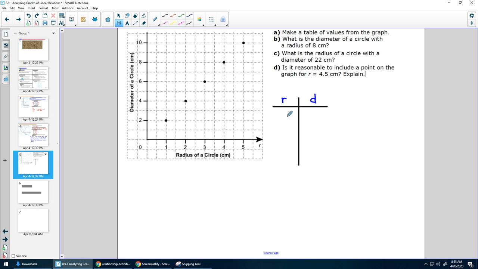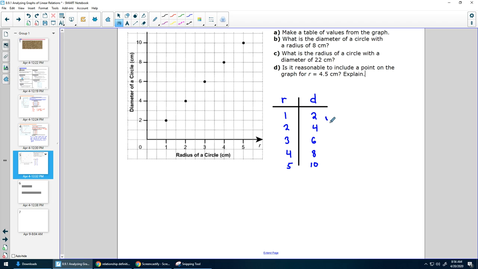So when the radius is 1, our diameter is 2. 2, 4. You can already see the pattern. 3, 6, 4, 8, and 5, 10.